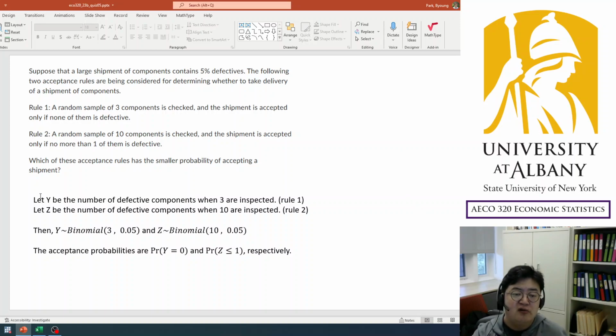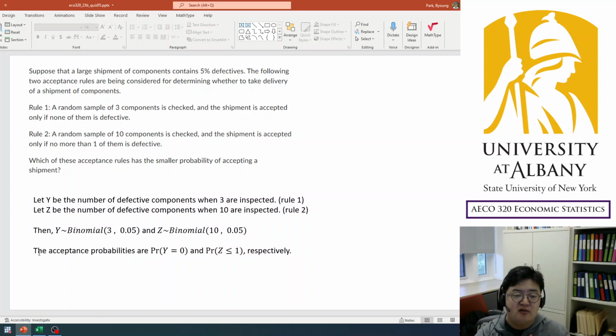So I will call the first rule y: y is the number of defective components when a randomly chosen 3 components are inspected. That is rule 1. And z is the number of defective components when a randomly chosen 10 components are inspected. That is rule 2. They are binomial distributions with different n. The probability of defect is the same, 5%, since it is basically the same shipment, but the number of inspections is different.